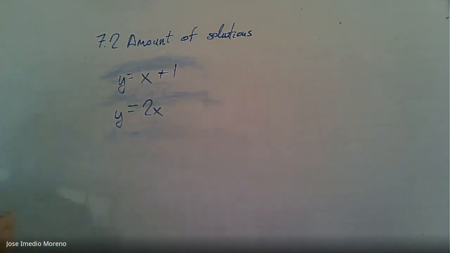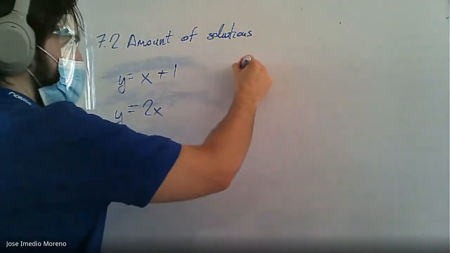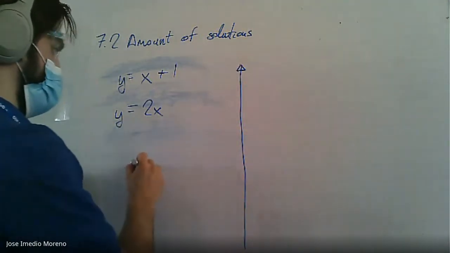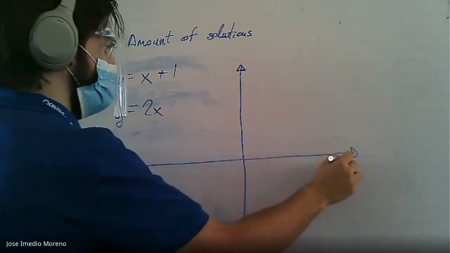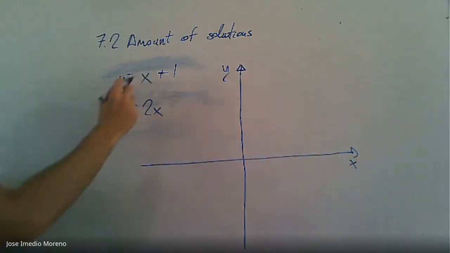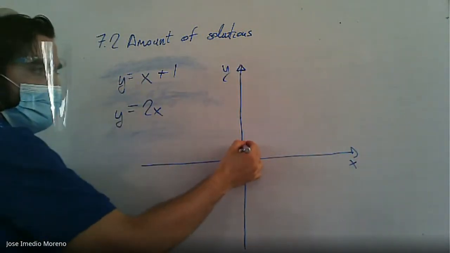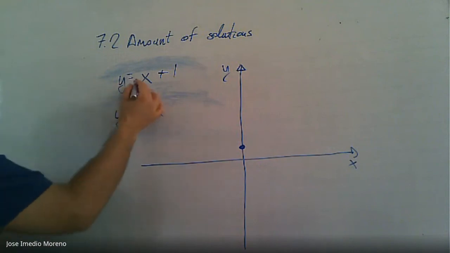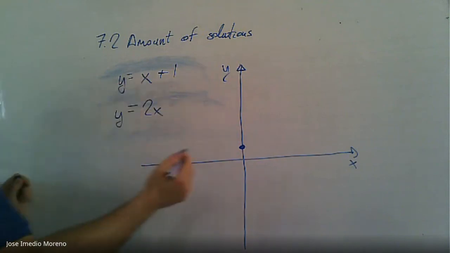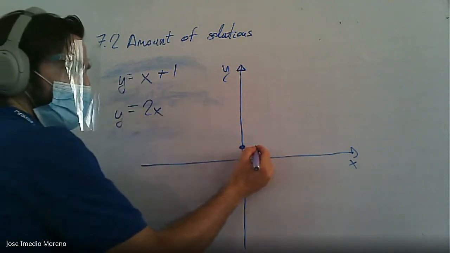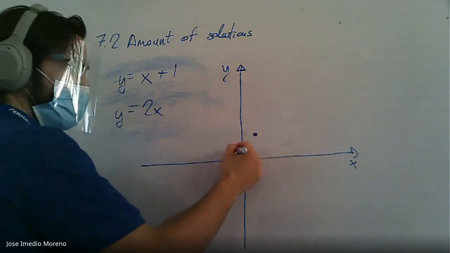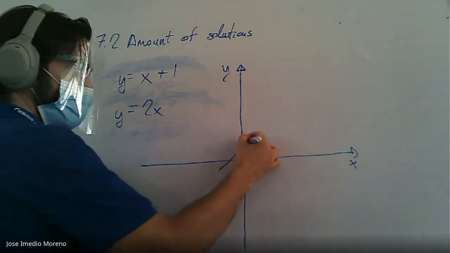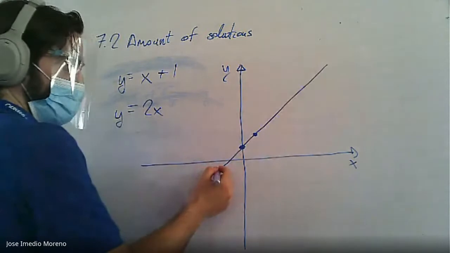So if we graph this, x plus 1, the y-intercept is here, and the slope is 1, so I'm going to move 1 to the right and 1 up. So this is my first line.